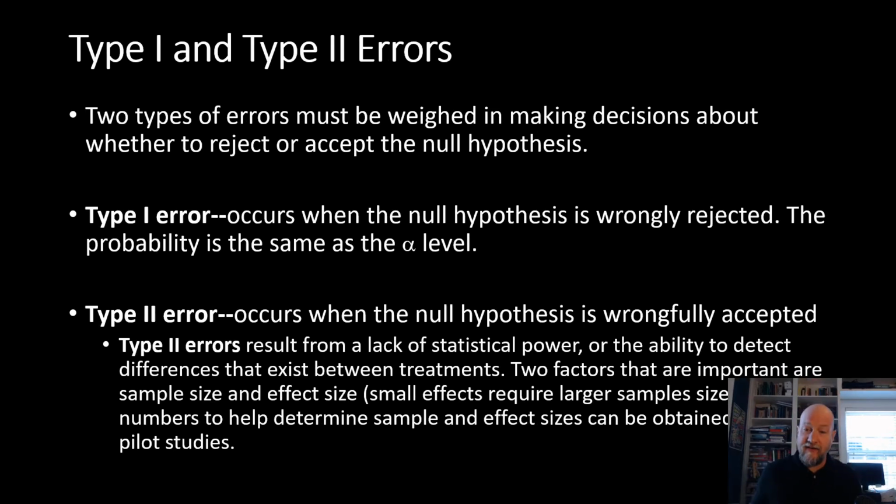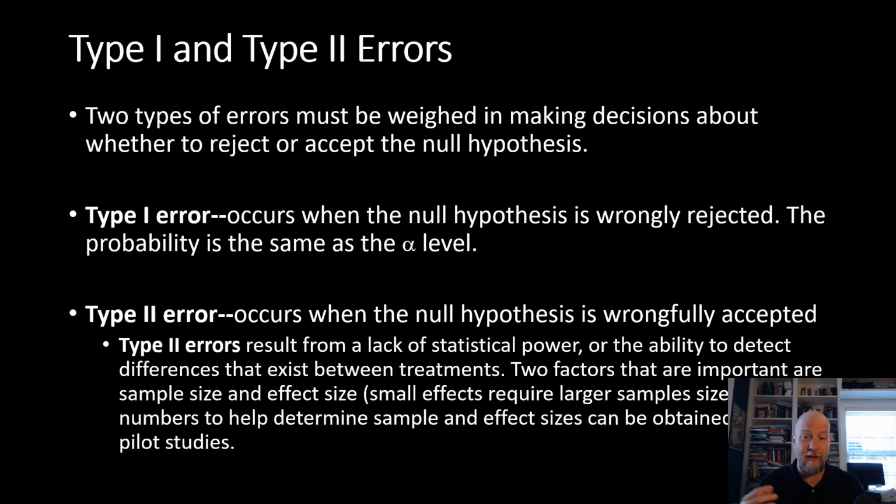In that decision, in that process, where we decide whether or not we have enough evidence statistically to reject the null or not, we have these two types of errors that can happen. And these are essentially mirror images, or the opposite of one another. We refer to them in science as type 1 and type 2 errors.